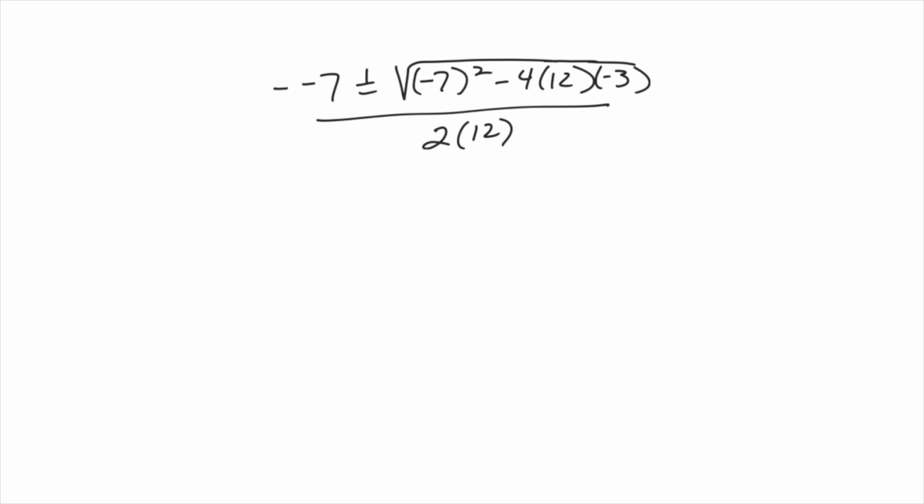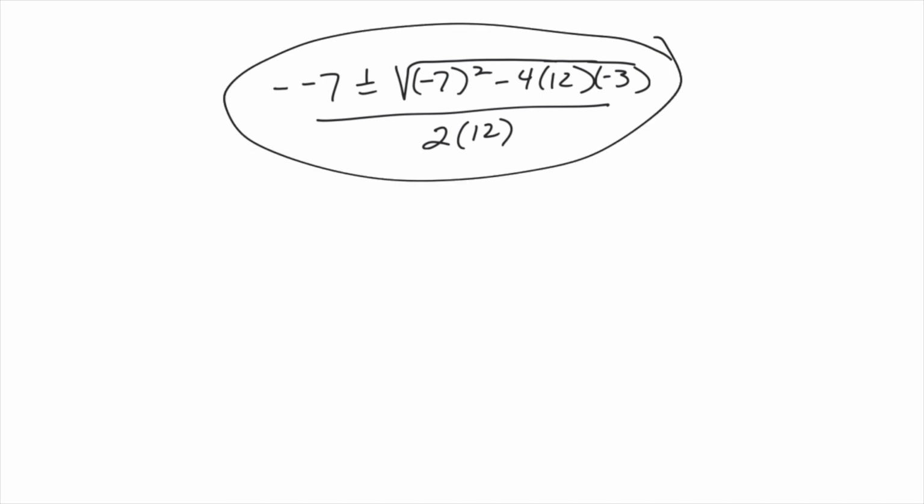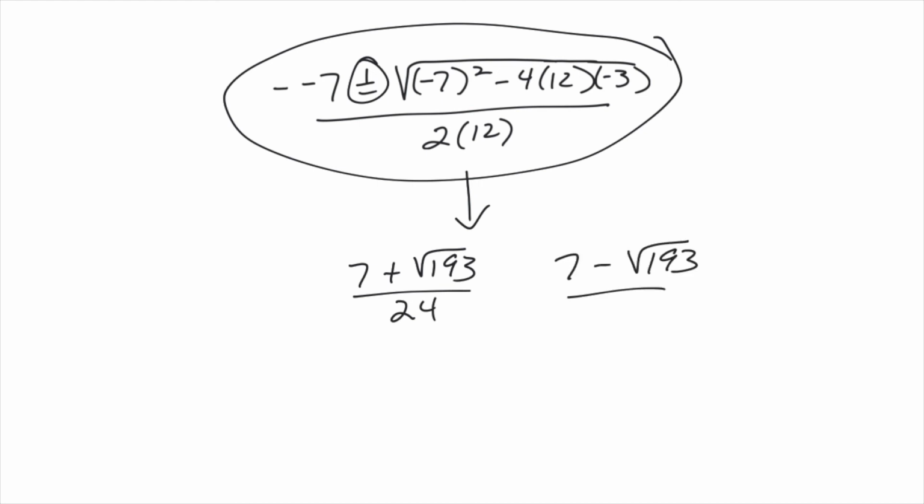Finally, when you do put this in the calculator, be very careful, okay? You're not going to put it in like this. This would be silly. It's too much work. You want to work this down by hand until you get to 7 plus the square root of 193 divided by 24 and 7 minus the square root of 193 divided by 24.